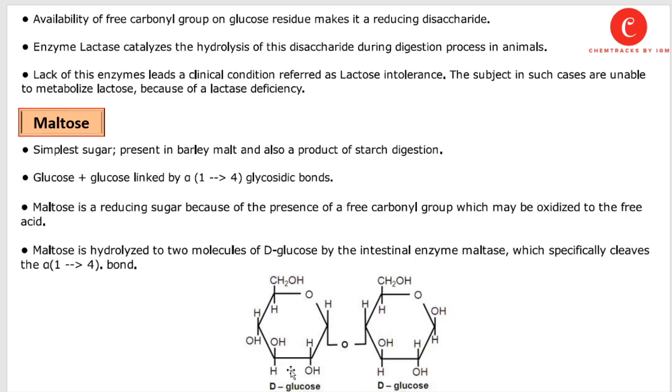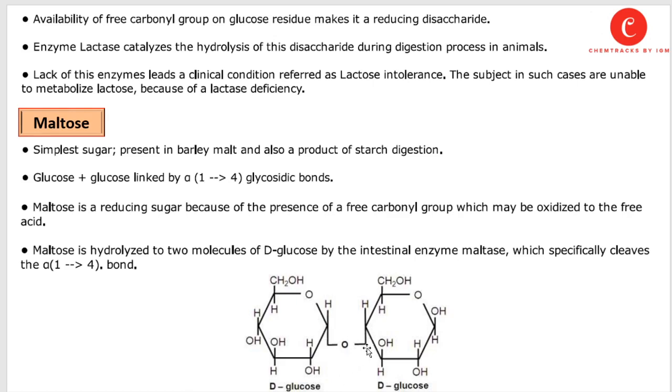For example, this is one glucose molecule and this is another glucose molecule. This is carbon number 4 of the second molecule, and this is carbon number 1 of the first molecule.